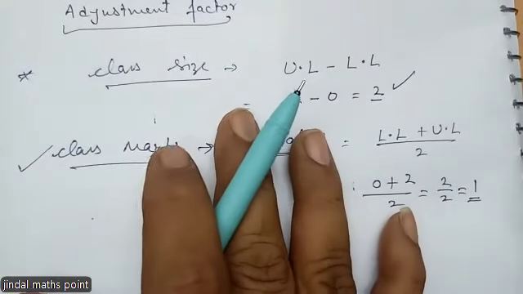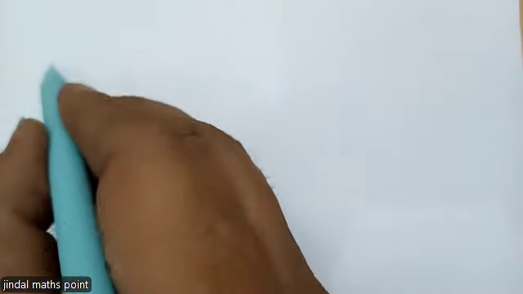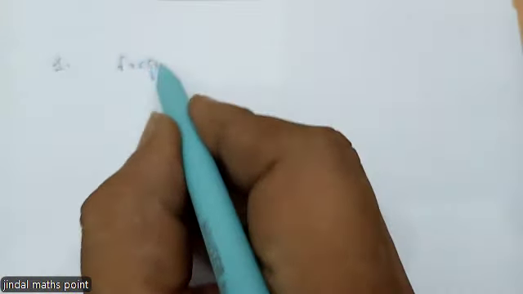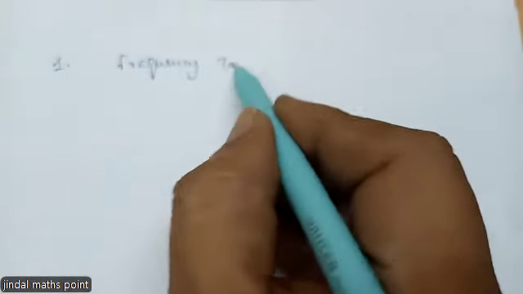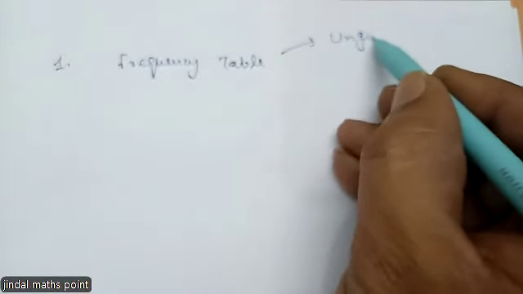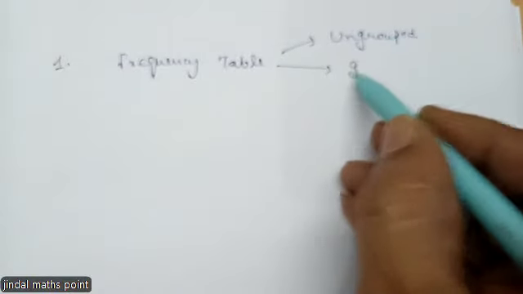Now, in this chapter, we will do the frequency table. The first topic that we have done in this chapter is the frequency table for both ungrouped data and grouped data.